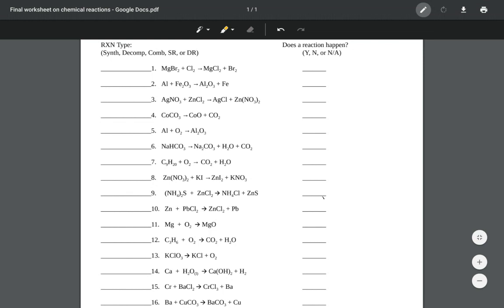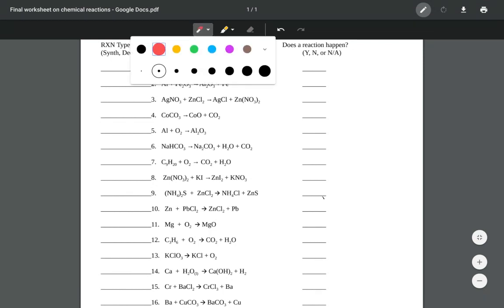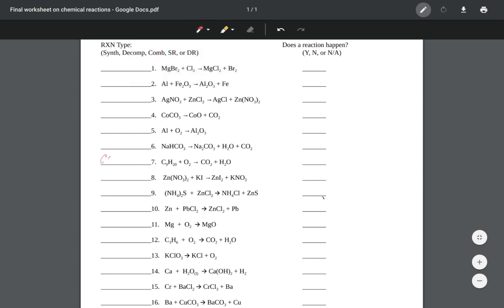So for instance, I'm seeing one of those in number 7. So number 7 is combustion. And then it looks like we might have another one down here at number 12 is also combustion.